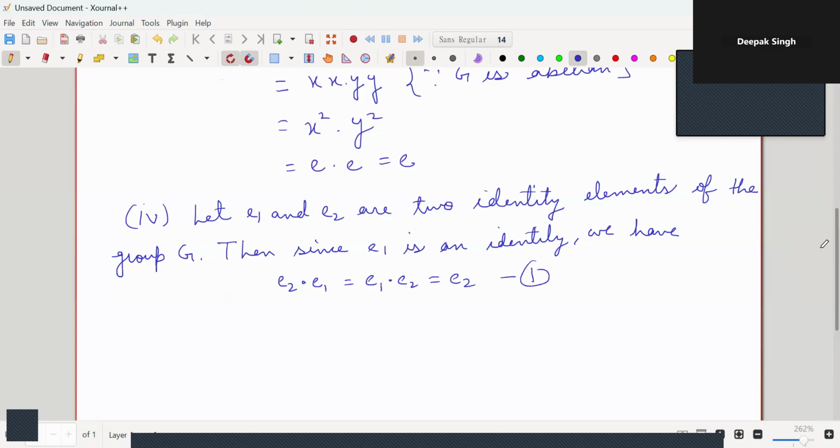Because E1 is an identity. So if it is composed with E2, on either side, we are going to get E2 again.